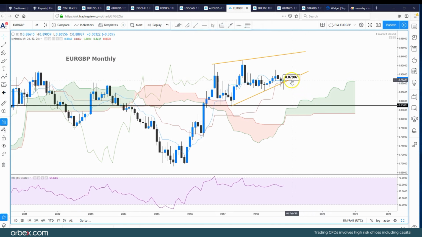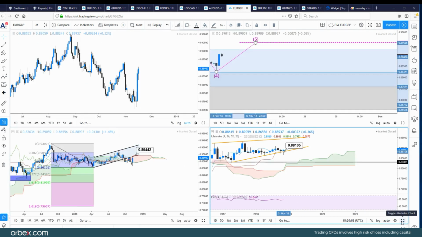It's going to have to move back down lower below 88.10 to not produce a false breakout. If it does, then there's scope for a higher correction. So in other words, this would be wave AB, this would be BC, and then CD to the upside. So we're just going to be playing short-term trades in euro sterling next week.